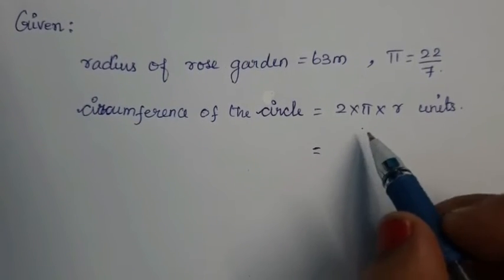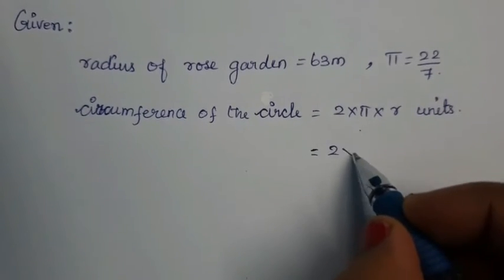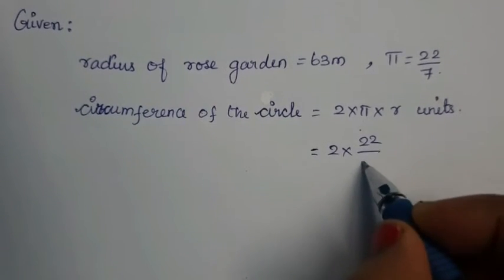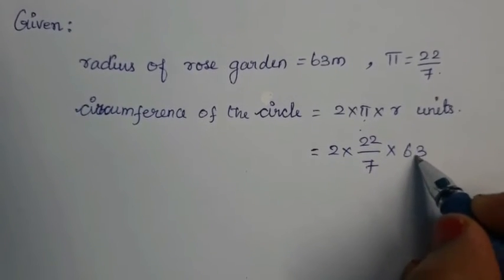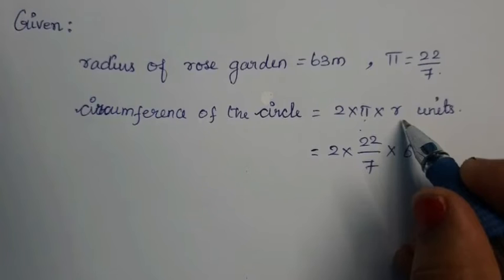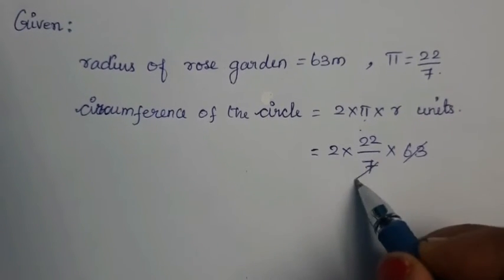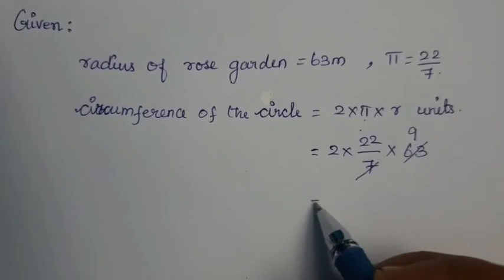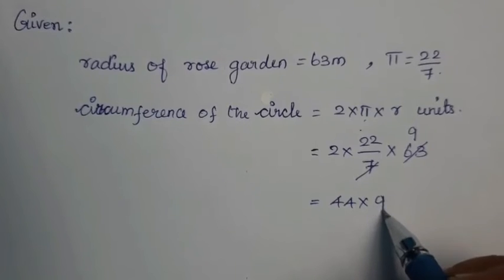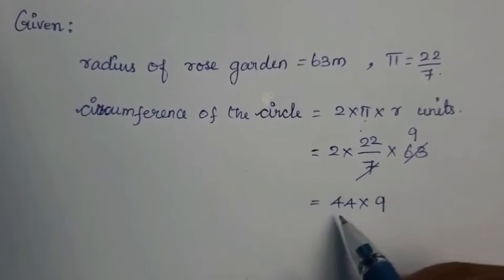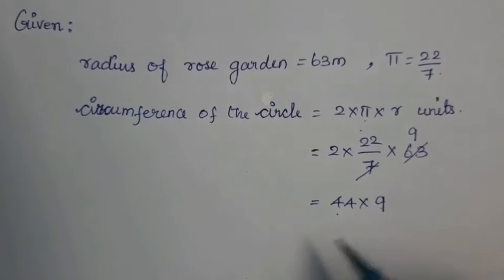By using the values of pi and r in this equation, we get 2 into 22 by 7, where 22 by 7 is the value of pi, and 63 meter is the value of the radius of the circular garden. By simplifying 63 by 7, we get 9 times. Then we get 44 into 9. By multiplying 22 by 2, we get 44. With this 9, we should multiply.